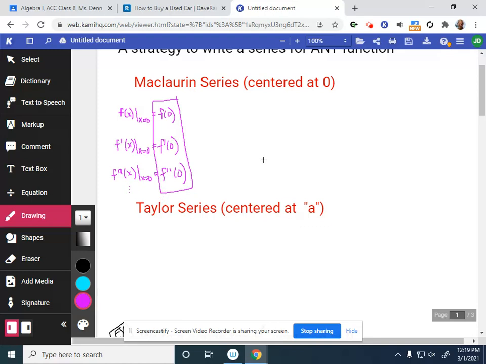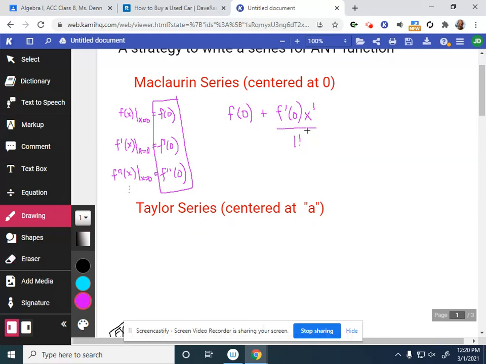The setup of the series looks like this. To find a series using the MacLaurin technique, the first term of the series is going to just be f of 0. The second term of the series is going to be the first derivative at 0 times x to the first over 1 factorial.